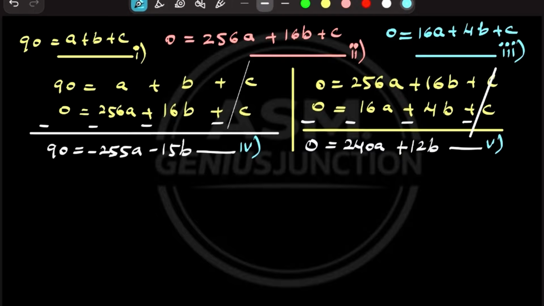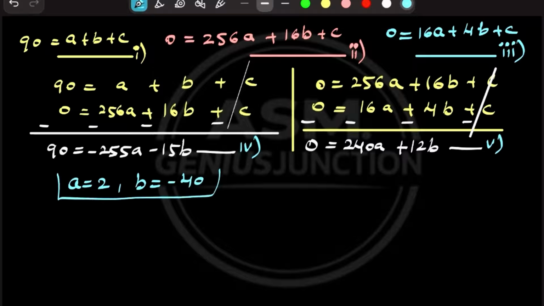Now we need to solve equation number 4 and equation number 5 to get our final answers for the value of a and the value of b. You can use your calculator's linear equation in two variables feature to find the solutions. So we get the value of a as 2 and the value of b as minus 40.